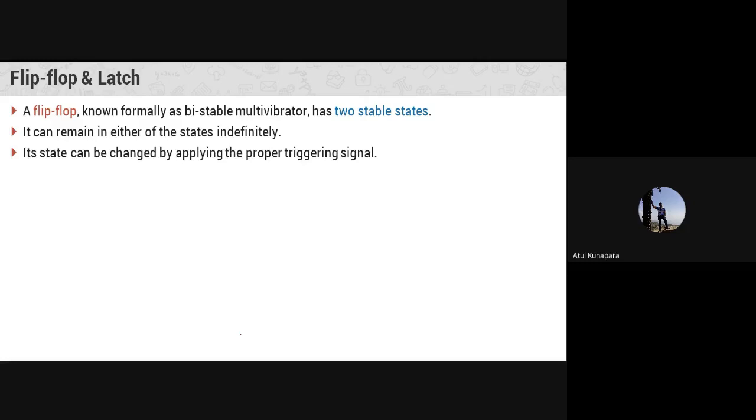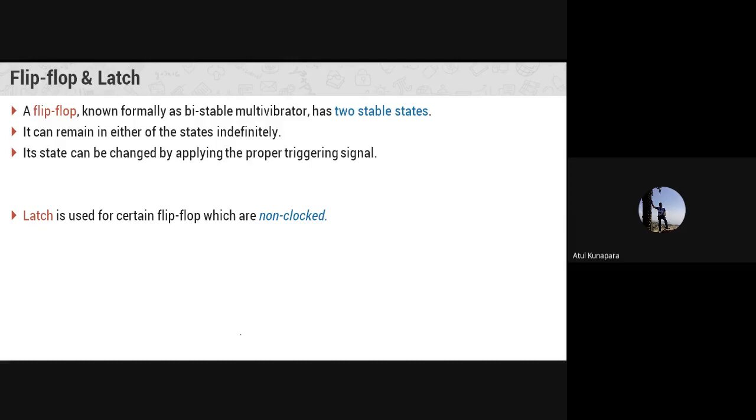So how is that able to be done? For making a change of the data coming or going to be stored at the output, we require giving the proper input triggering signal to all those latches or flip-flops. Okay, so the triggering levels or signals we are applying are called the input of this flip-flop or latch. That we'll see later on. You will be able to understand at that time.